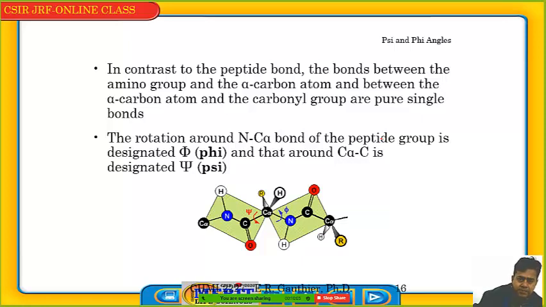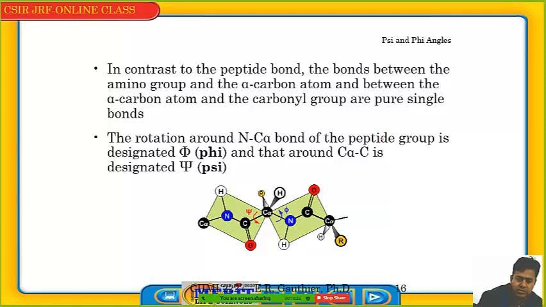The phi bond is the bond between the carbon alpha and the nitrogen. Carbon alpha and nitrogen is called phi, and carbon alpha and carbon is psi. C alpha C is psi, easily you can remember, C alpha C psi and C alpha N phi, right?